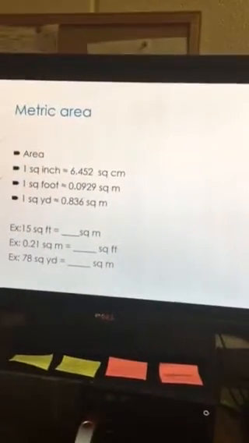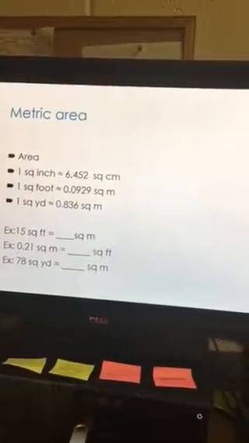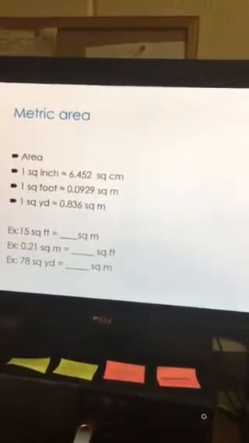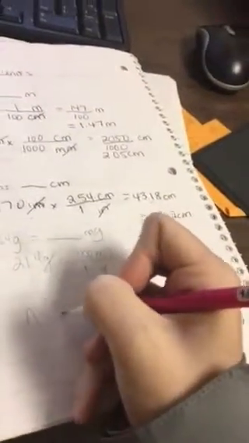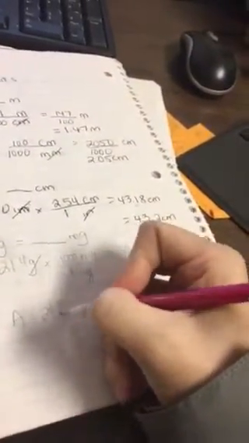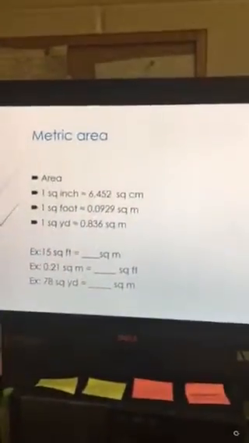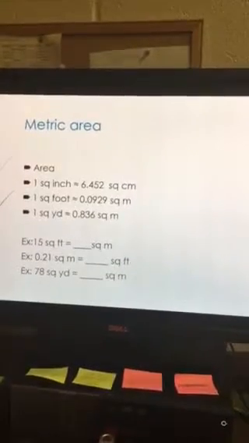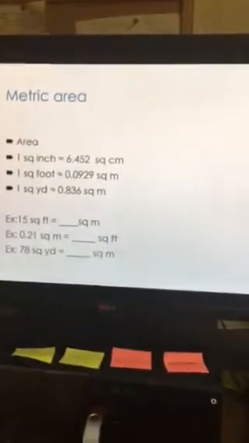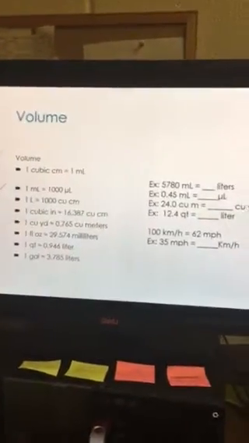Then you have area. Area is square inch, square centimeters. Area is always in a square, so when you write that, it'll be like area equals, let's say, 24 feet squared. Another way you'll see it written is this. Those are the conversions for area, which is nice because they already convert a lot of the stuff for you. Volume is always cubic.